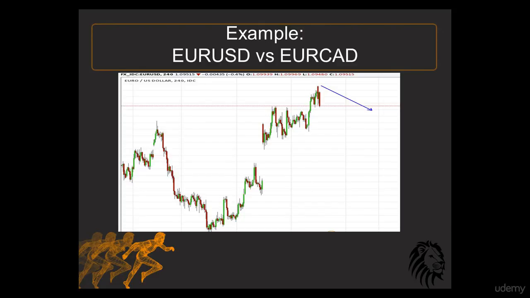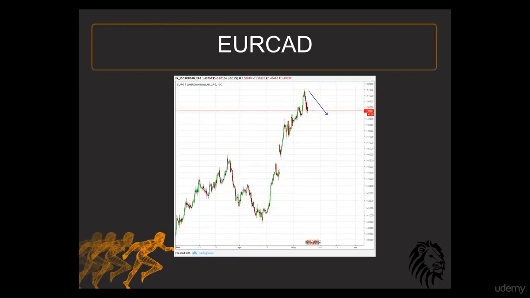And if we have a look at the euro Canadian dollar chart, we will see the exact same fluctuations, a bullish continuation in trend with a key reversal level in play. And that is what positive correlation within the foreign exchange market means for currency pairs with the same base currency.